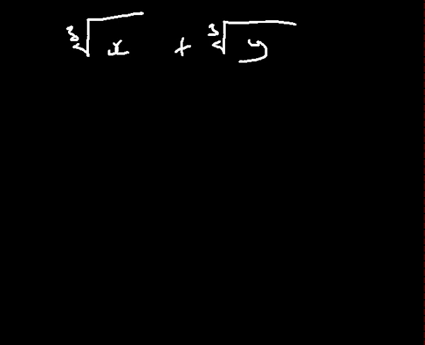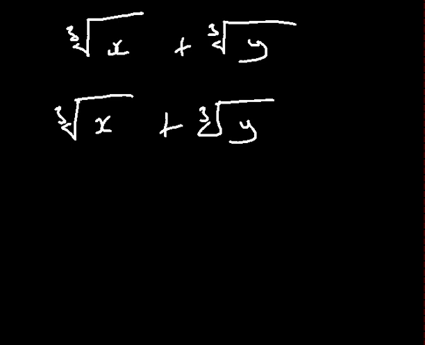So here is the thing you have to understand. Whenever we have the sum of two cube roots like this, or whenever we have the difference of two cube roots like this, we need to understand the following principles when we come up with the conjugates.